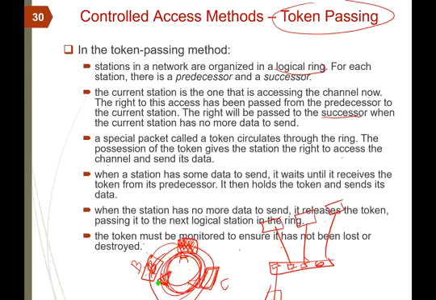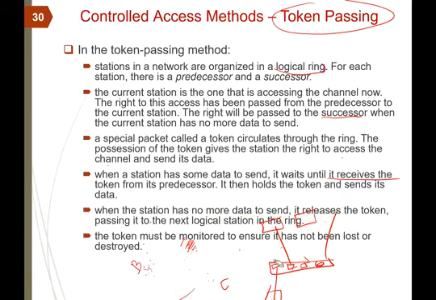So it should wait until it receives the token from the predecessor. For example, here B is the predecessor for C. It then holds the token and sends its data. When the station has no more data to send, it releases the token, passing it to the next logical station in the ring.